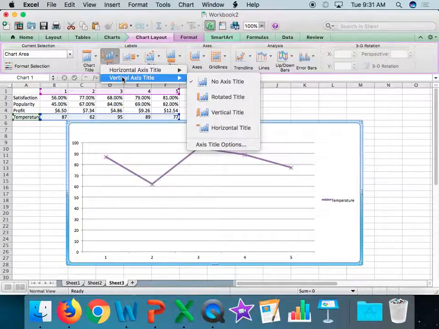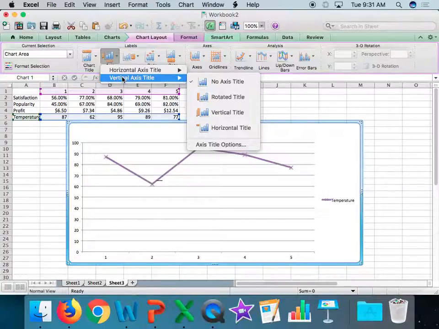Okay, so your assignment: create 3 graphs. Each graph needs to have the correct chart title, y-axis title, and x-axis title. Those are titles. Make sure you capitalize them correctly.